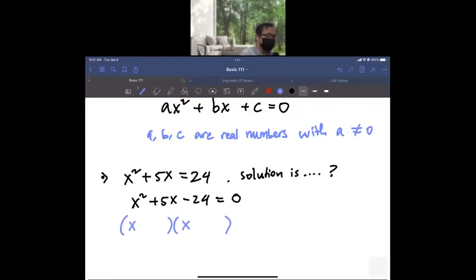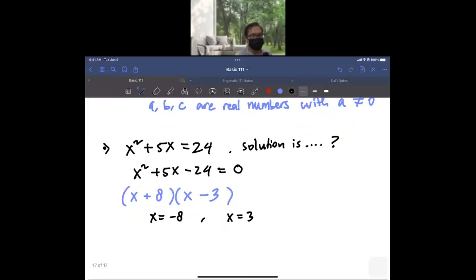I think I will just go directly, and this will be 8 or 3, right? So we'll have plus 8 minus 3. And we say that the solutions will be x equals negative 8 and x equals 3.